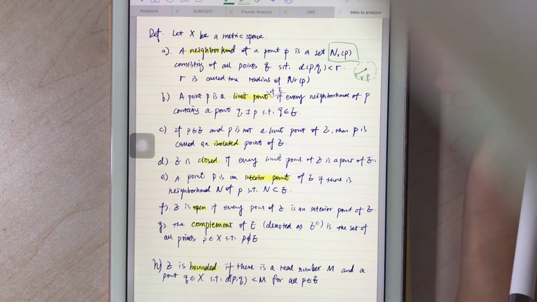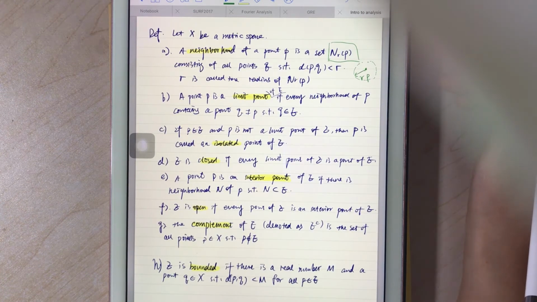Now here's another definition we haven't introduced in the real line case. If P is contained in E, so P is a point of E, and P is not a limit point of E, then we call P an isolated point of E. People tend to think of an isolated point as just something that's not a limit point, right?